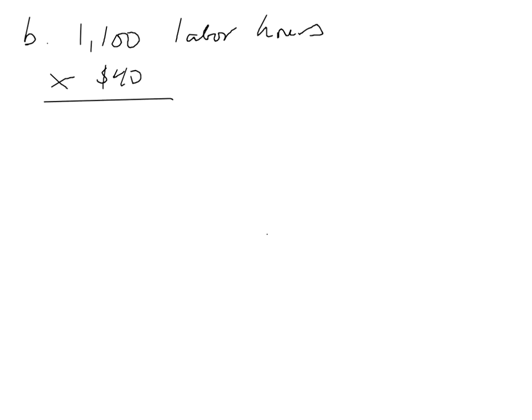So that means that we have our 1,100 labor hours that we calculated in Part A, and we are applying $40 per labor hour. So let's just do that math, and that gives us $44,000 overhead applied.